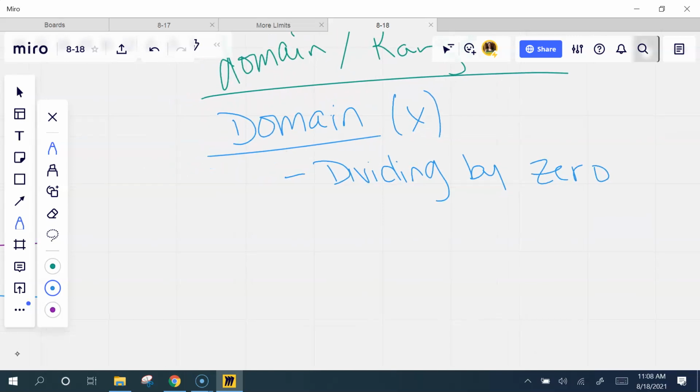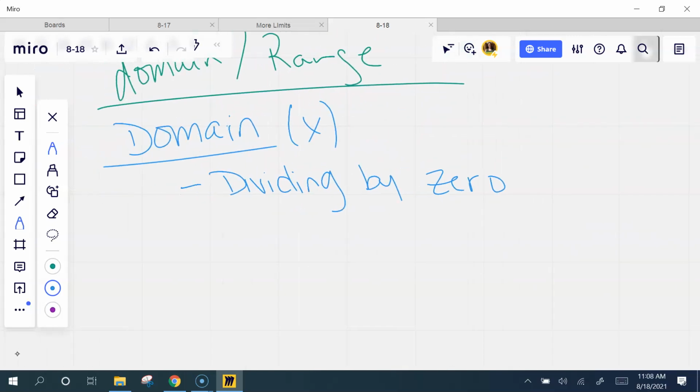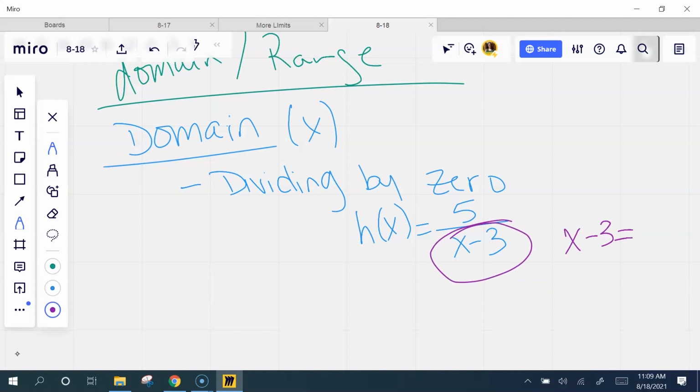If I have h of x equals 5 over x minus 3, that bottom can never be 0. Do you agree? What is the value that would cause it to be 0? Positive 3.